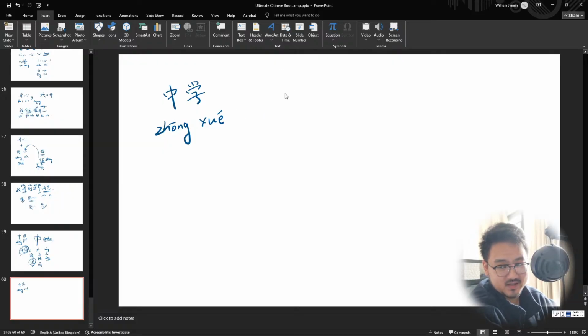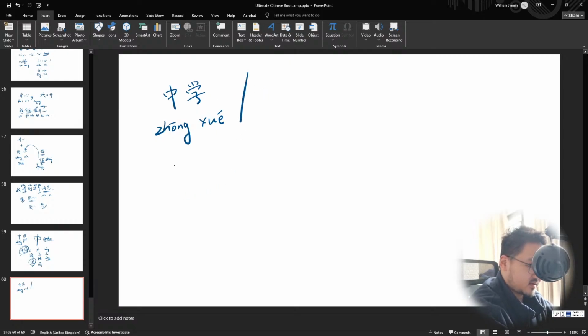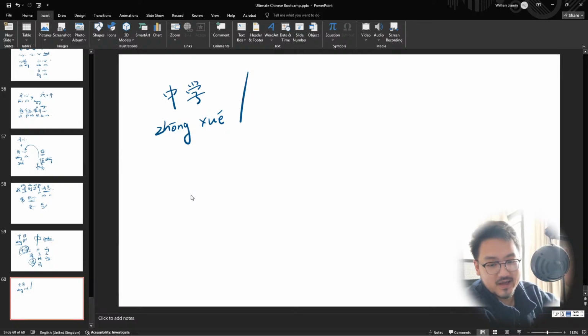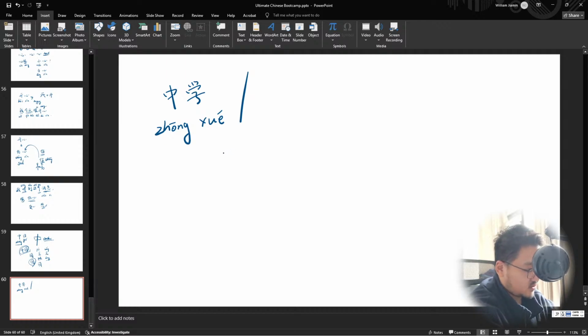That means you are in the middle school, right? So 中学, middle school. I'll save a little bit of time by not writing the English now. I'll just explain it, so it's much quicker. And as you learn enough characters, I'm going to switch to typing because it's more efficient for me to give you a lot of sentences.